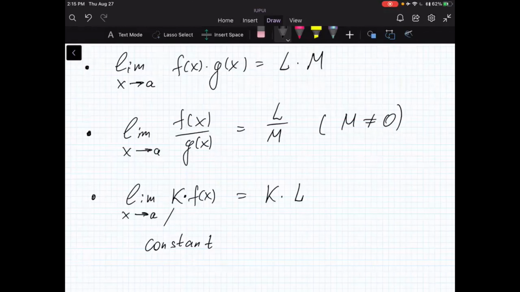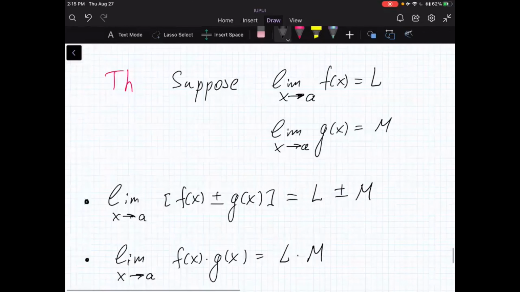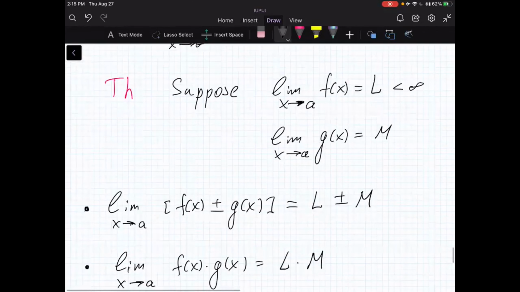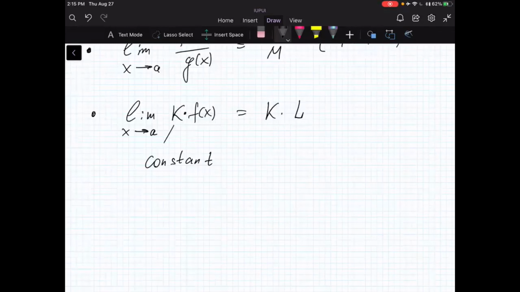And the important thing here is that these two limits should be finite. Better to say finite because they cannot be minus infinity as well. Otherwise you will get something strange. For example, L and M should be finite.